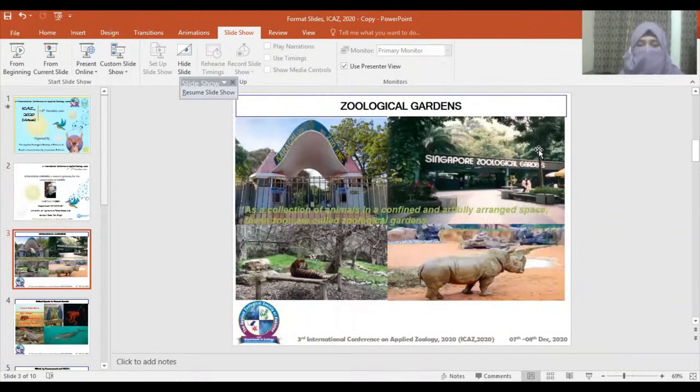First of all, we have to take a look at the idea: what are zoological gardens? Zoological gardens are places that have a collection of animals that are confined and given proper habitat and food, and are protected. Basically, we can say that zoological gardens are places meant to conserve animals that tend to go extinct drastically.